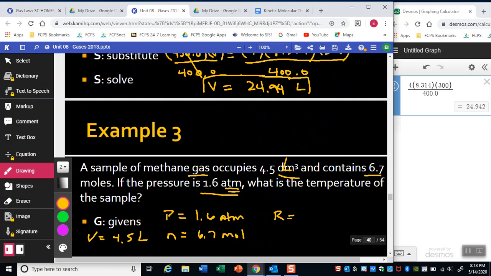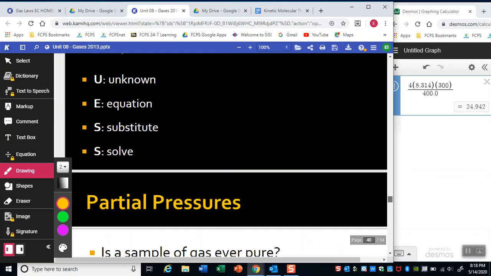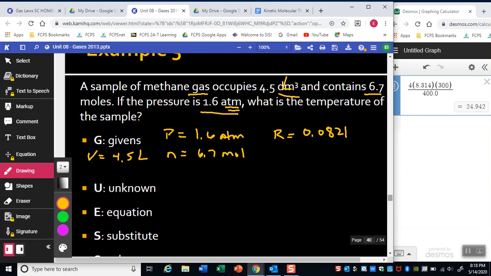So 0.0821. All right, so now what am I trying to find? That says what's the temperature? So my unknown is the temperature. That's what I'm trying to find. So I've got my trusty PV equals nRT.